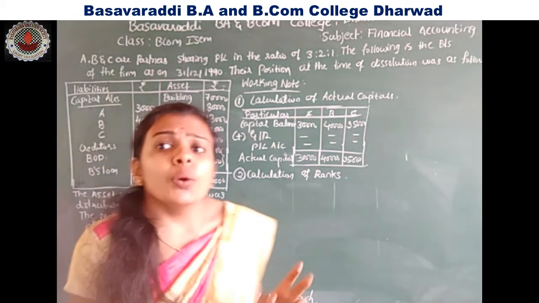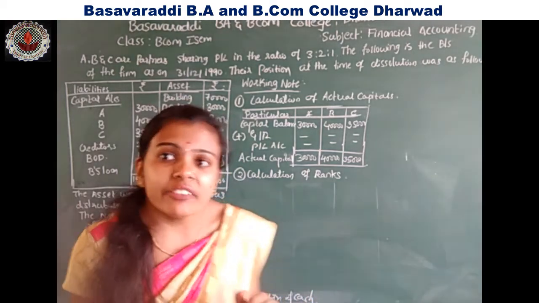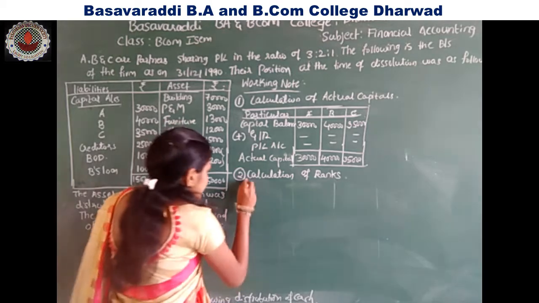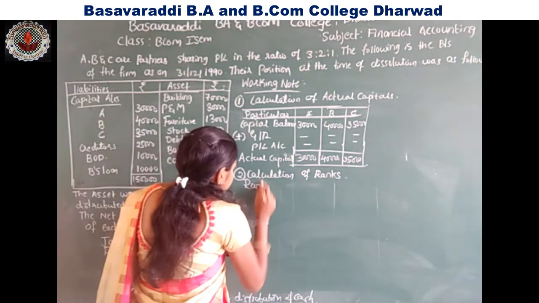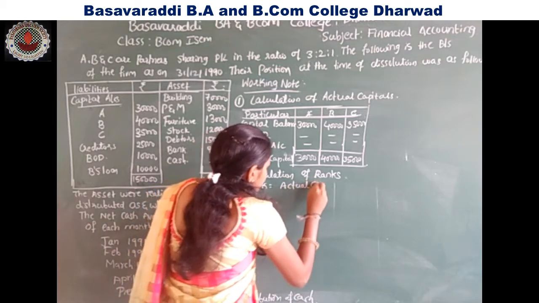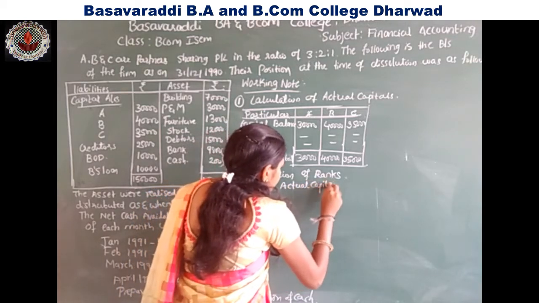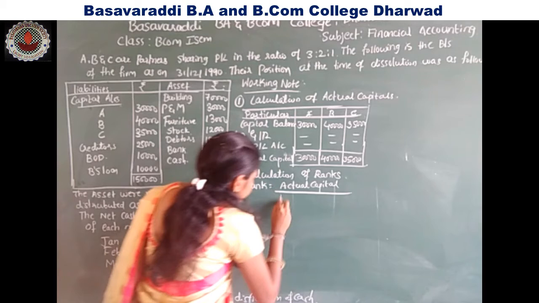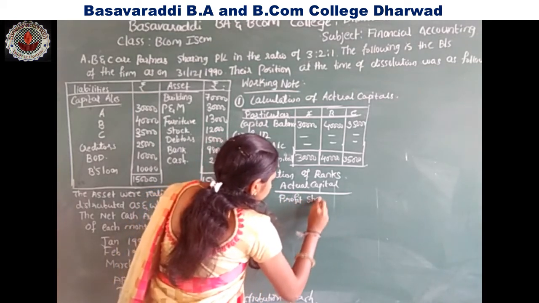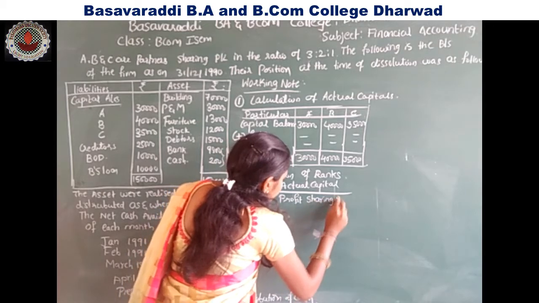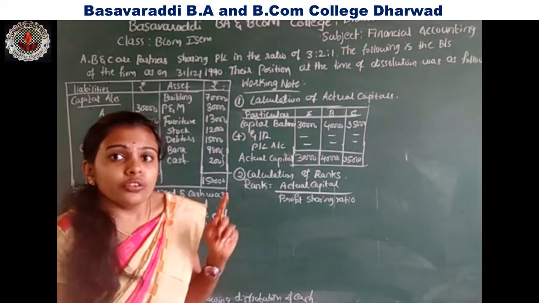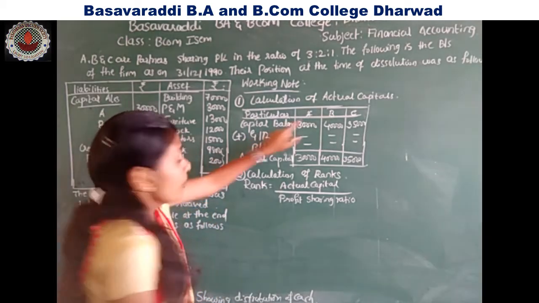Ranks is equal to actual capital divided by profit sharing ratio. First partner, partner A.